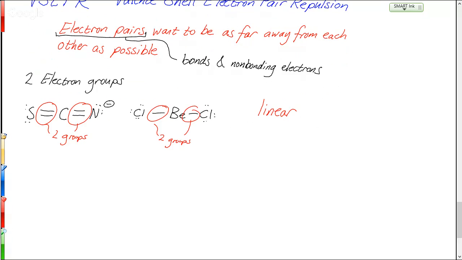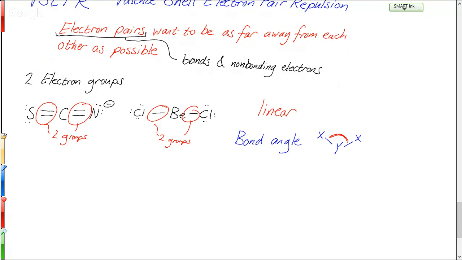The other way that we identify these shapes is by bond angle. The bond angle is what results from 3 atoms connected together. So if we have three atoms like that, this would be our bond angle right here.